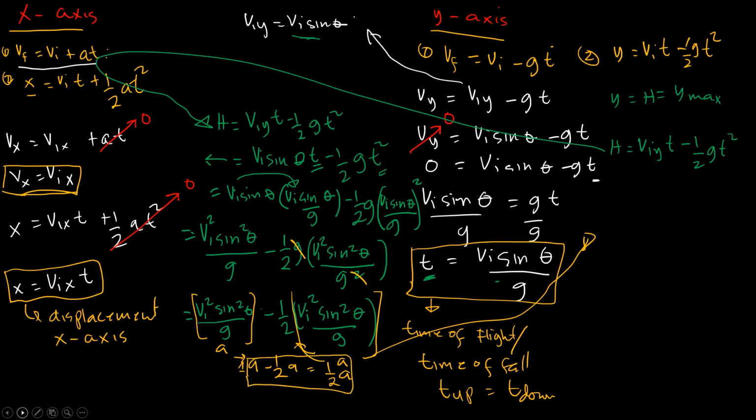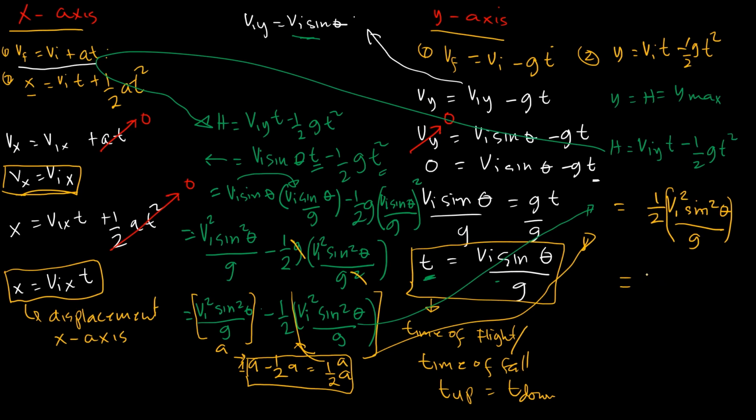So meaning to say, this becomes 1/2 v sub i squared times sine squared theta divided by g. And this is equal to 1 multiplied to this term here.